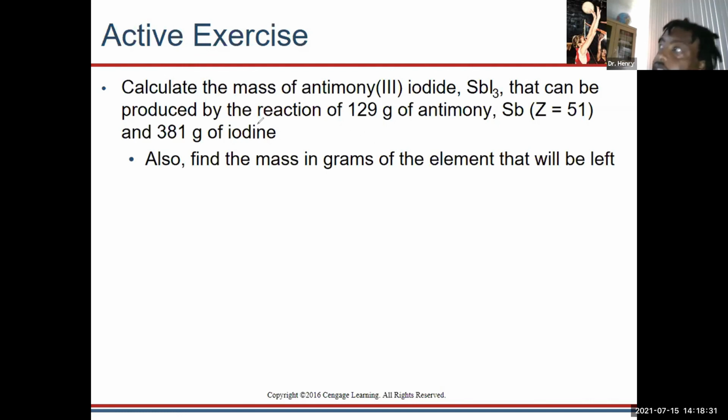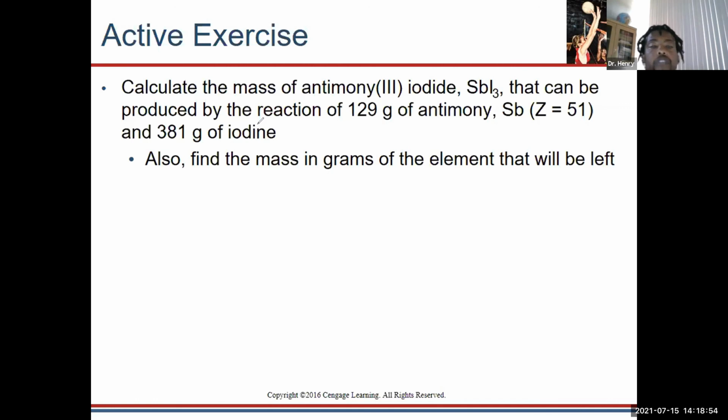Okay, so it says calculate the mass of antimony 3 iodide, SbI3, that can be produced by the reaction of 129 grams of antimony, Sb, which has an atomic number of 51, and 381 grams of iodide.